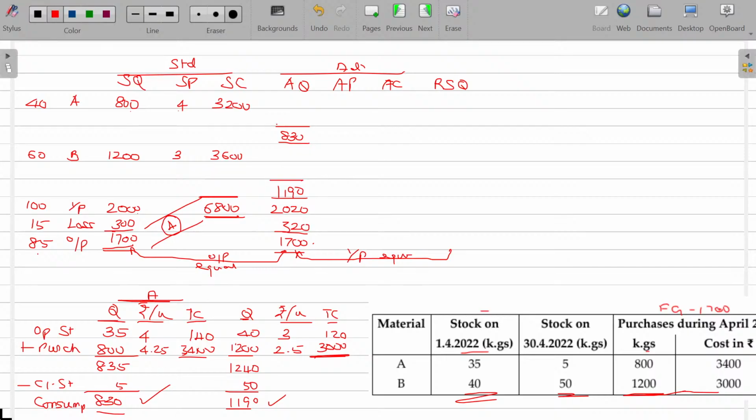In this 830, how many units are for 4 rupees? How many units are for 4.25? As we follow which method? FIFO method.